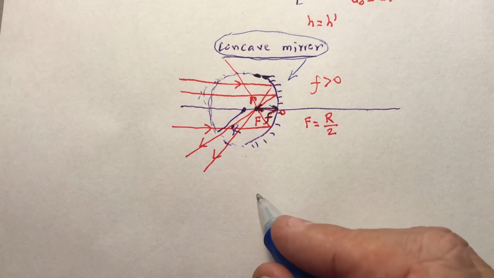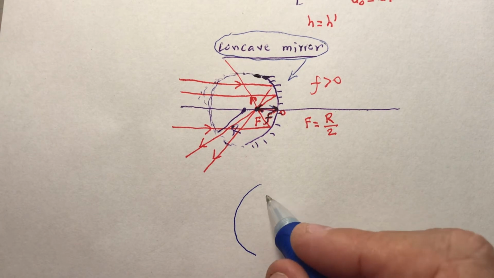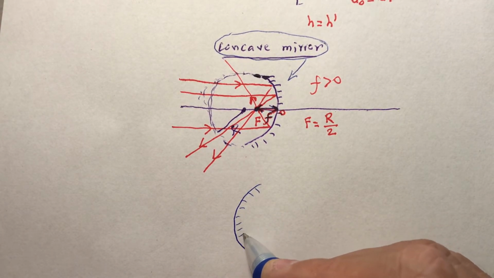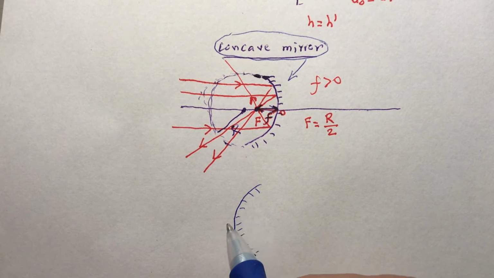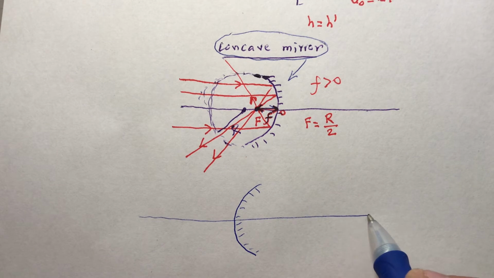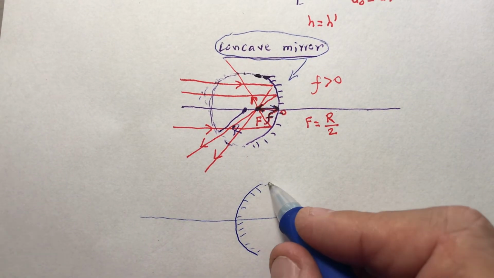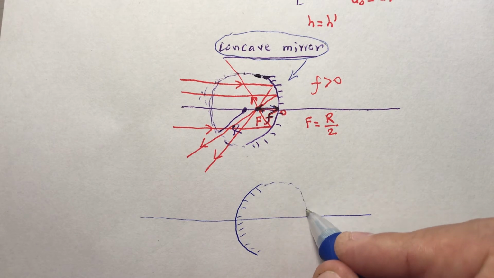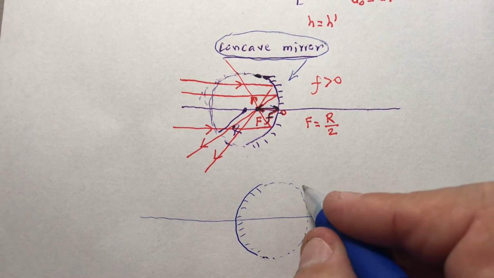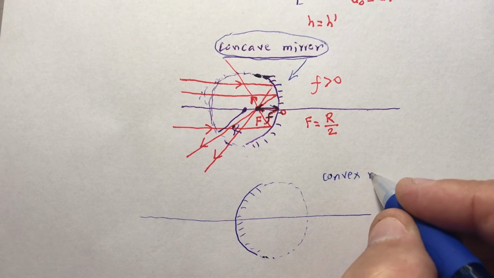Now let's study the convex mirror. So convex mirror, I'll show you. This side here doesn't reflect light, the right side. The one that reflects light is the left side. So I draw again the horizontal line. Here is the horizontal line. And let me again look at the circle for this convex mirror. So I put here convex mirror.